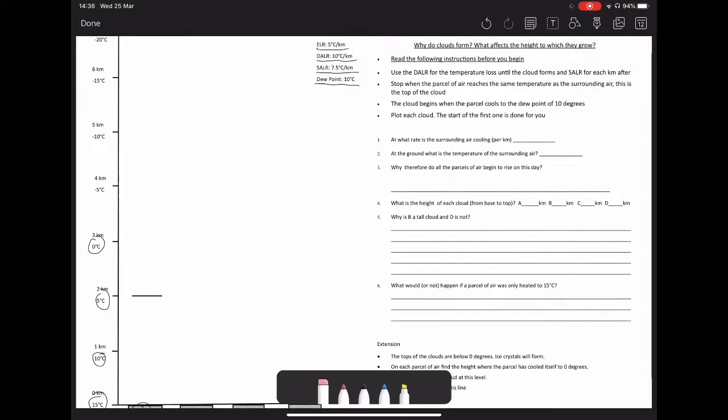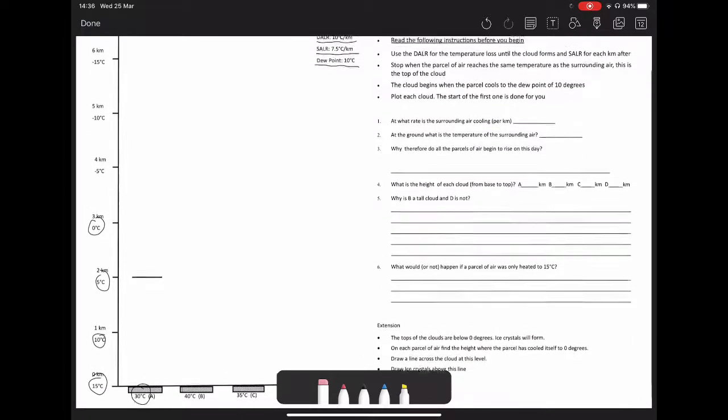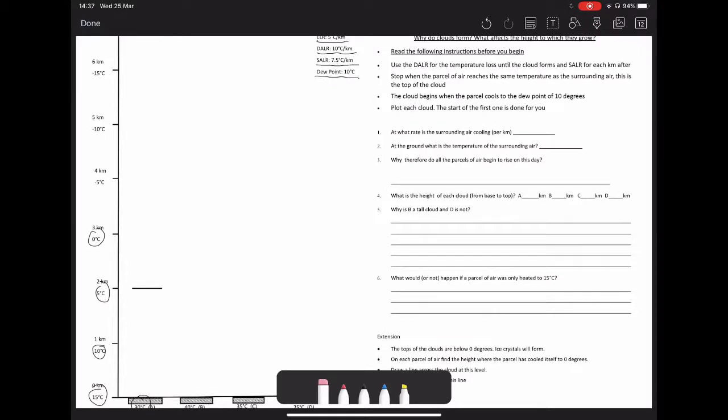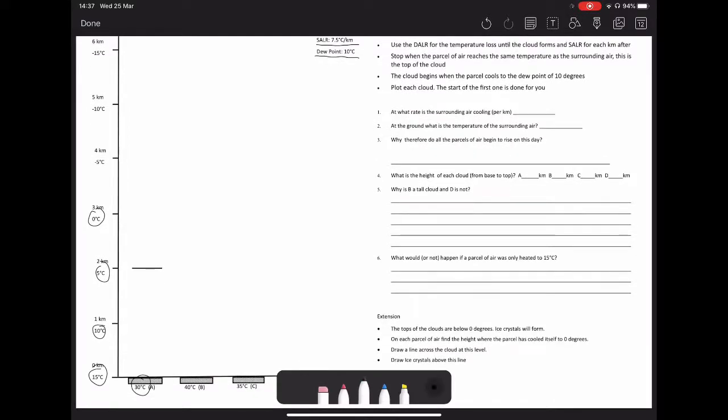What we need to do is figure out where this cloud is going to form and where it's going to stop. It's starting at 30 degrees and it's dropping at 10 degrees every kilometre at the dry adiabatic lapse rate until the cloud starts to form. So when we get to the first kilometre, the parcel of air that we've got is now going to be 20 degrees because it's lost 10.